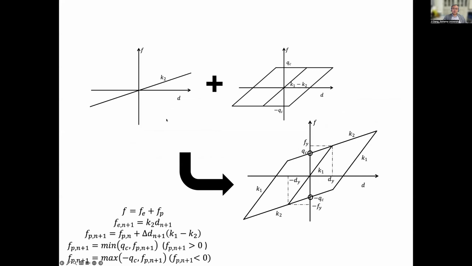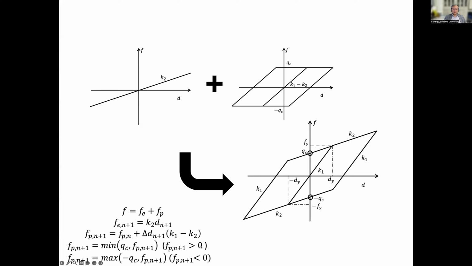So just remember that for the whole model, we change it to an elastic part and a plastic part. For the elastic part, every time we calculate, just use this time step's displacement multiplied by K2. We go through this line. For the plastic part, I use the last time's plastic force plus the delta D multiplied by the gradient. Okay, I do one if.